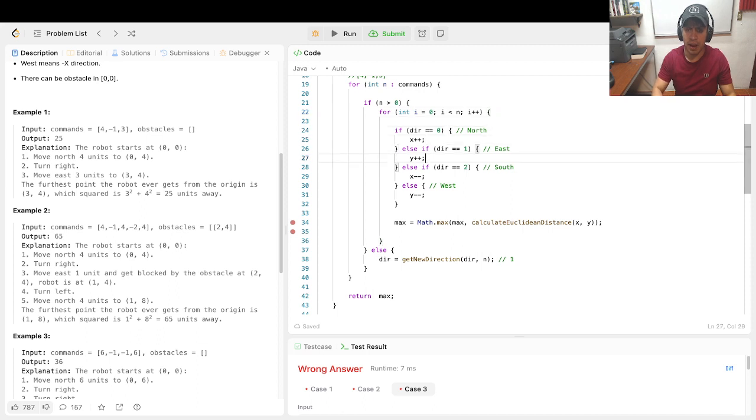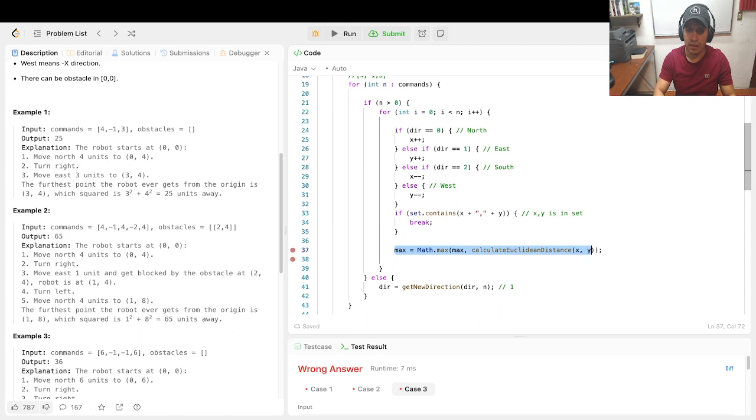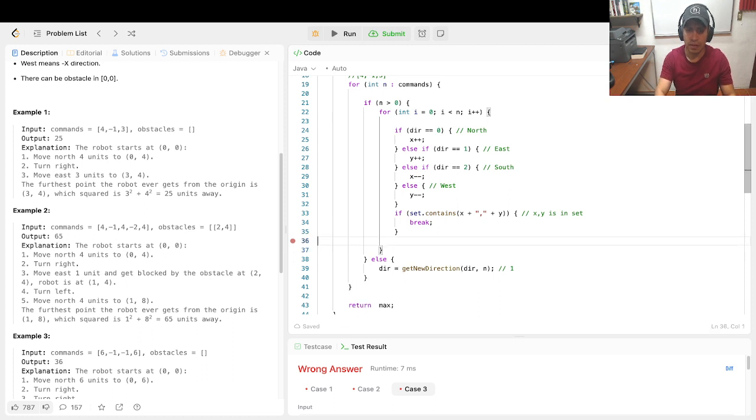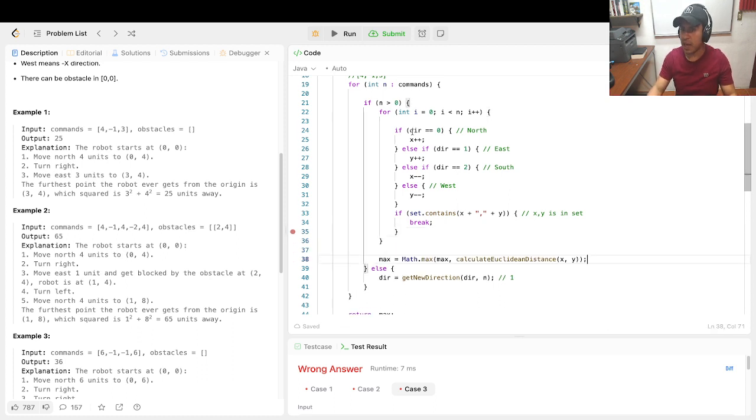Even if I have this here, right? Because in this moment it stops. You are walking, for example, in the north direction. It is stopped, for example, in the second point or in the second step.